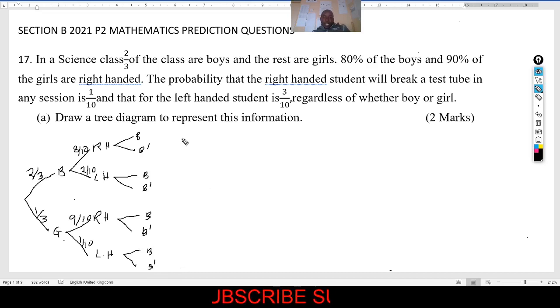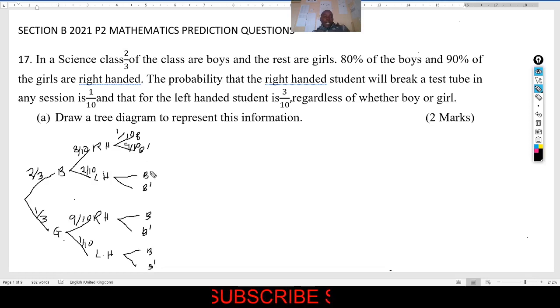Now you are told that the probability that a right-handed student will break a test tube in any session is 1/10. Breaking a test tube, right-handed, is 1/10. So being right-handed and not breaking the test tube, the probability is 9/10.